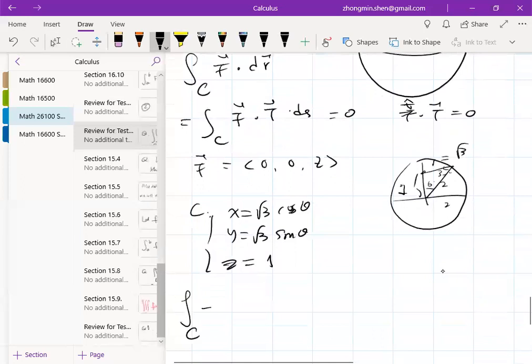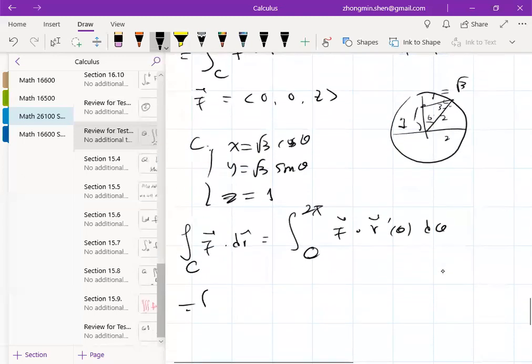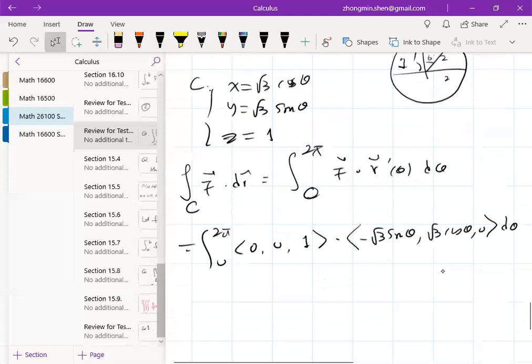The line integral is going to be the integral from 0 to 2 pi of F dot r prime of theta d theta. Okay? So F is nothing but 0, 0, z. At that particular point, z is always equal to 1. r prime consists of the 3 components: negative square root 3 sine theta, square root 3 cosine theta, 0, and d theta. Okay, and multiply them out.